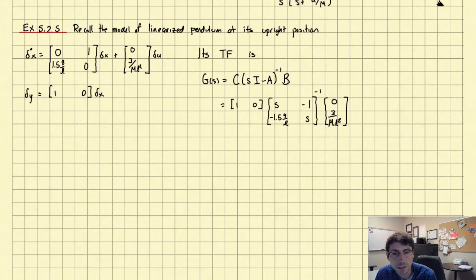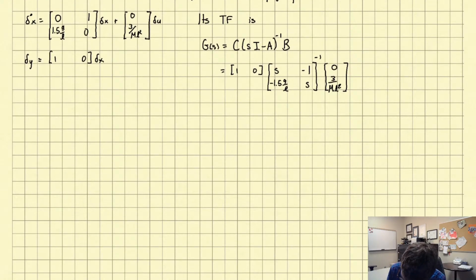Okay, so I just plugged in A, B, C into the equation. D is 0, so this doesn't show up. Same idea, I'm going to do this adjoint over determinant thing. So we get that this equals.